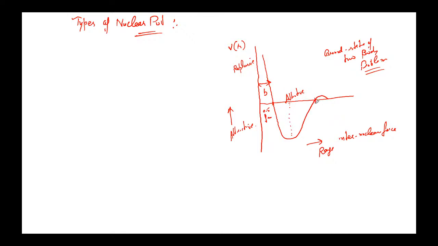This is the final boundary of our square well, and when the distance exceeds this square well, there is a separation of nucleons. The value of this R naught is different for different nuclei, approximately from 2 to 4.2 femtometer, and for a deuteron its value is approximately 2 femtometer.